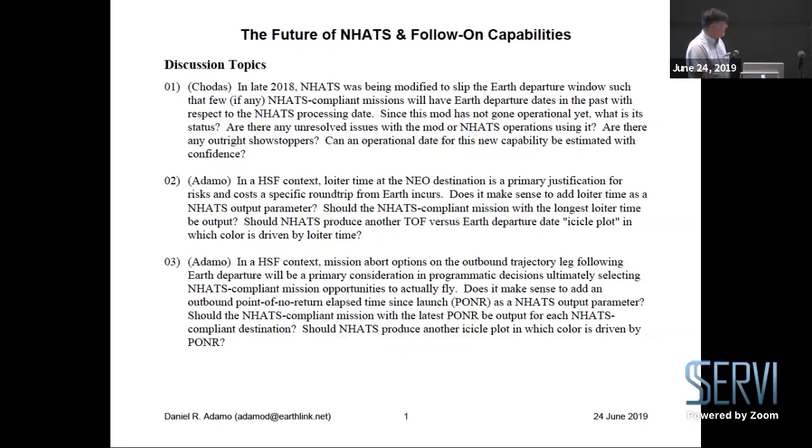Is there anything else we can say about the first topic? We're talking about this change in the window for Earth departure, which is currently pegged at 2015 to 2041. And I'm wondering, does anyone want to say anything about the frequency, and that includes people online, the frequency with which that window is slipped?